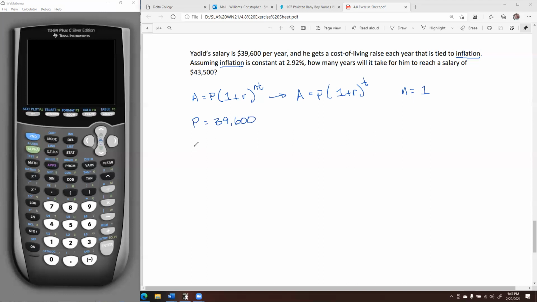So our principal, we had 39,600. Our rate was 0.0292. Now for this one, this is actually all we need. And here's why.